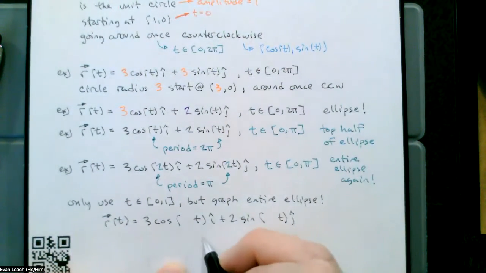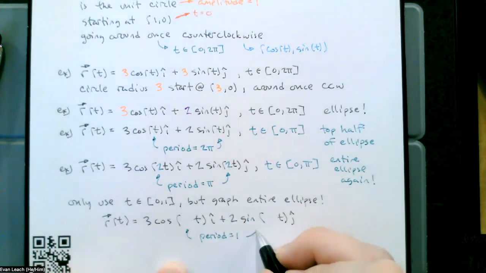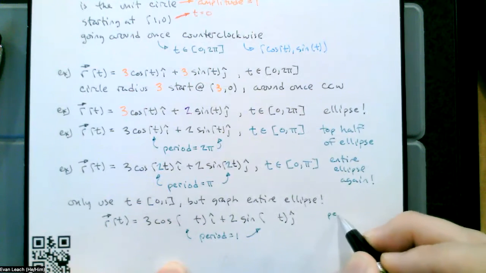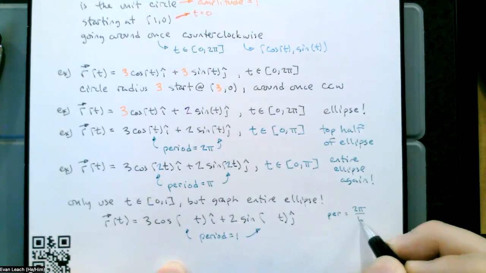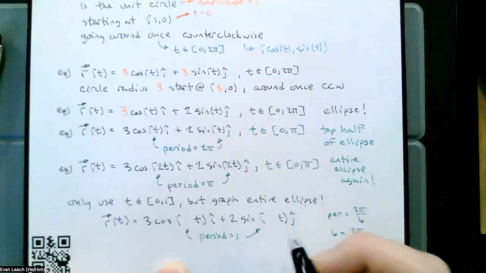So I want the period to equal 1. If the period is equal to 1, the period is 2 pi divided by that coefficient. So b is 2 pi divided by the period that we want.